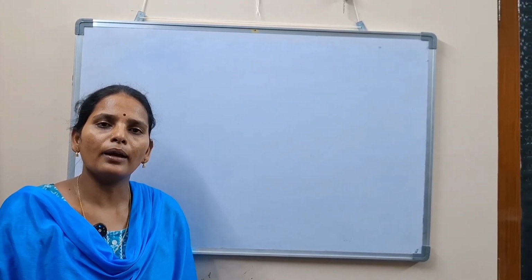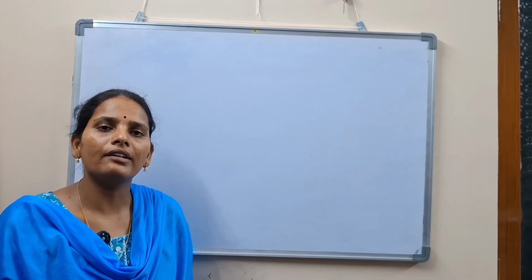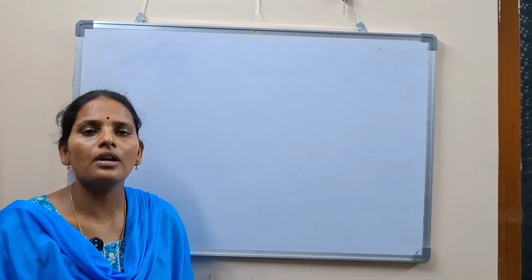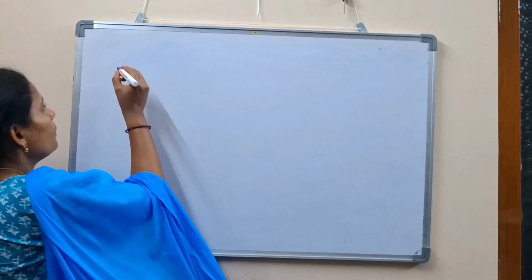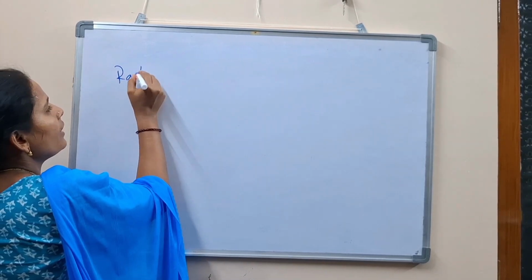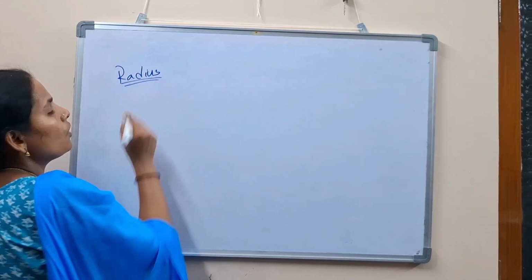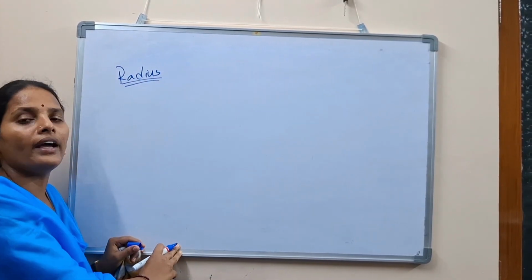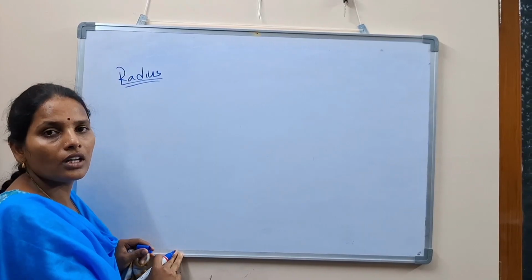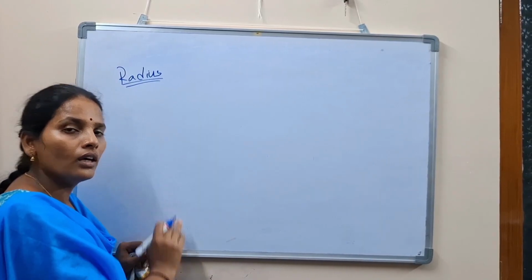Let us discuss the radius of an orbit, which is provided by formulas from Bohr's model. What we are finding here is a radius. What is the final equation regarding the centrifugal force and centripetal force of the electron?